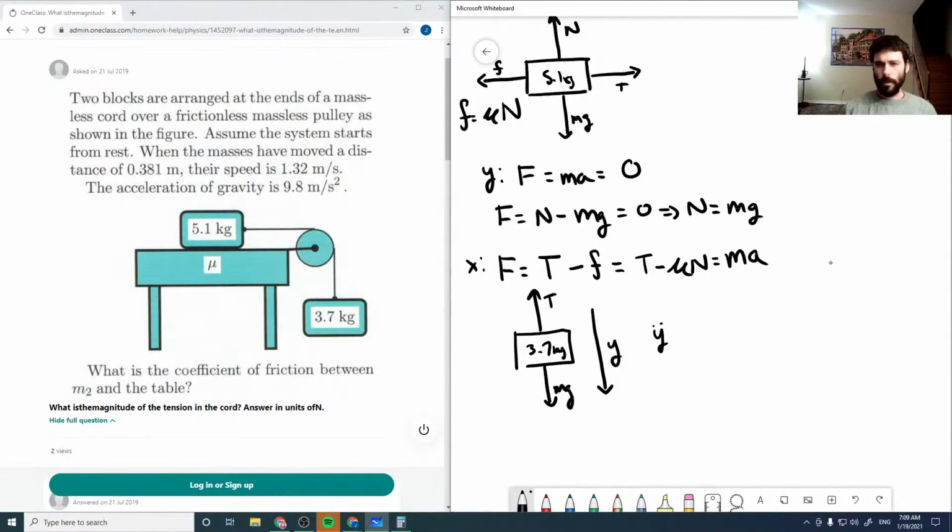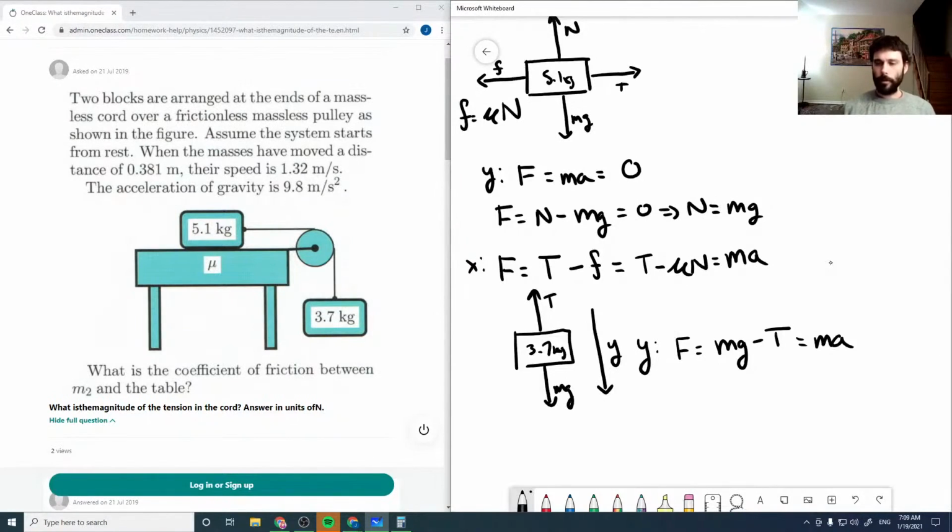So in the y direction, our forces are mg minus tension. Although you might want to make tension positive because it's pointing up, we want to make sure everything's still in the same direction of travel.